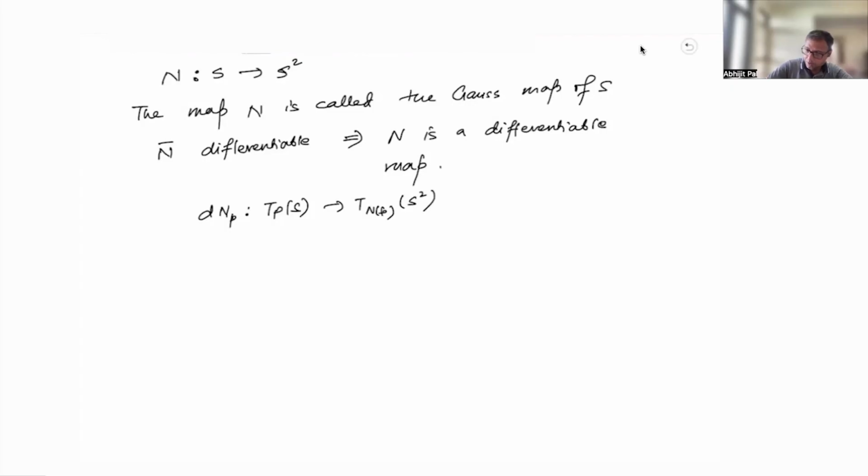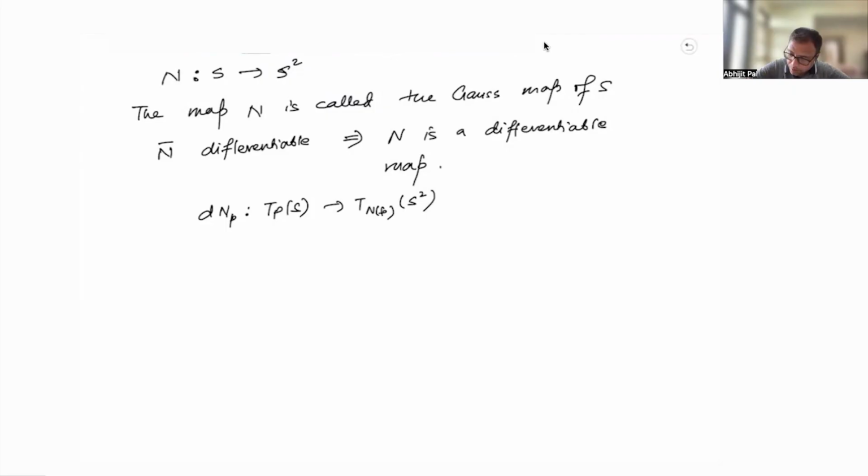So now, note the following. We can take the tangent space of S2 at the point N_P to be equal to the tangent space of S at the point P. So why can we do that?